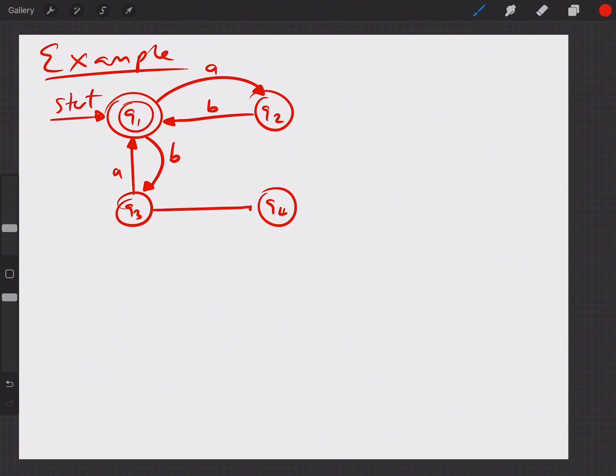Q3 transits to Q4 on B, Q4 loops in itself on A and B, and Q2 transits to Q4 on B. Note that Q4 is a dead state, and the general rule of thumb is ignore the dead states.